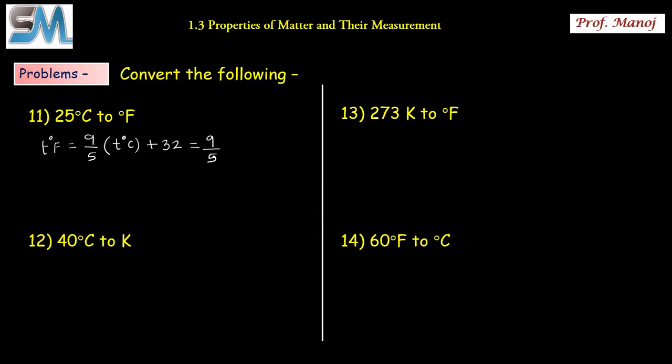So 9 upon 5 multiplied by temperature plus 32. Now this becomes 5 5s are 25. So this becomes 45 plus 32. So temperature becomes over here 77 degree Fahrenheit.